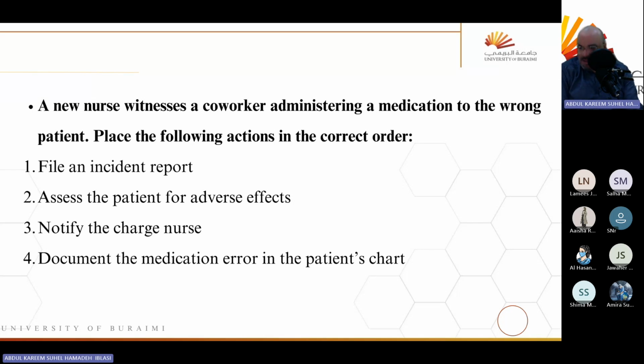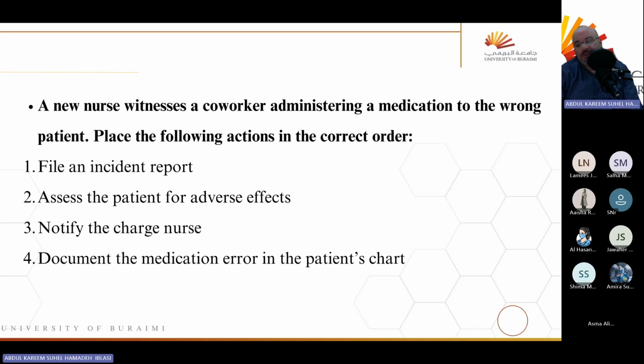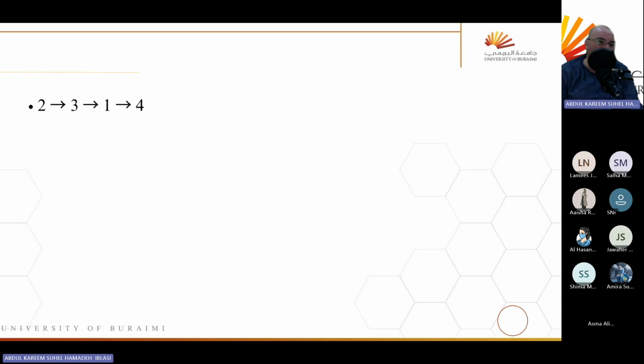Notify the charge nurse، معنا لازم نعمل notify و document the medication error. بس مين أول وحدة لازم نفكر فيها؟ تماما بنفس الاستراتيجية leadership management، أهم شيء assess the patient for adverse events. بعديها بتمشي بالاجراءات والبوليسيز بتاعتها، فيكون الترتيب عندي 2 3 1 4. يعني أهم شيء أني عملت الاسسمنت للبيشنت، للتشارج نيرس عبيت الانسيدنت ريبورتس ومشيت في الادمنستراتيف بارتس بتاعتها. الأسئلة هذه كمان بتيجي كونفيوزنج، مهم جدا أنك تعرف البريورتيز بتاعتها بالترتيب المذكور.